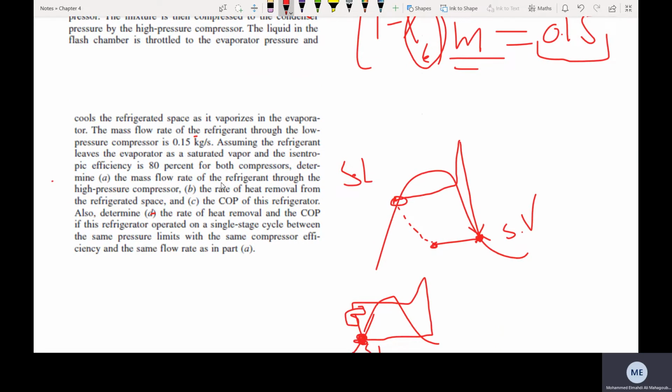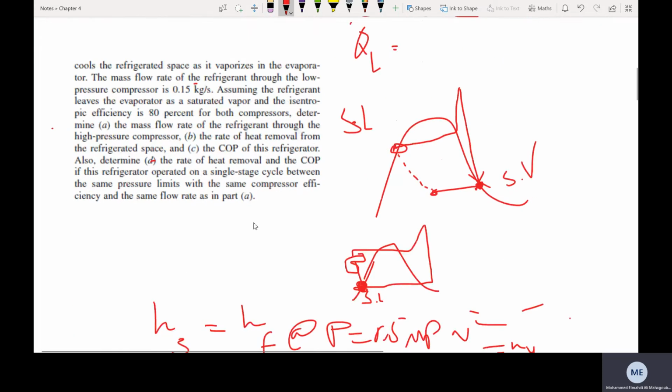And what else? The rate of heat removal from the refrigerated space, which is QL. And if the refrigerator is operated as a single stage between the same pressure limits and with the same compressor efficiency as in part A. So I don't have the isentropic efficiency of the compressor yet. Basically this last part asks for the rate of heat removal, QL, and the COP if this refrigerator is operated on a single stage cycle.